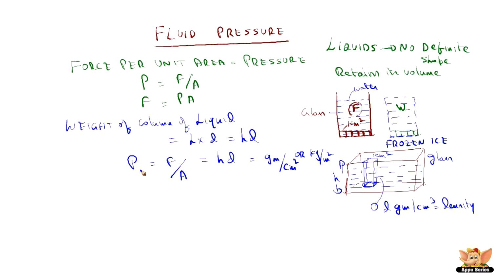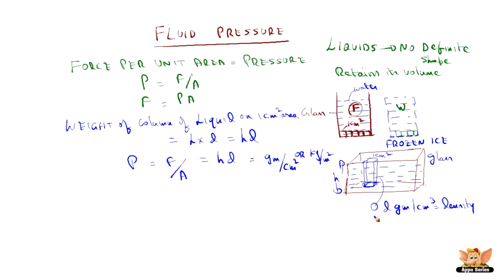Because pressure is defined as force per unit area, and here the force is weight, the weight of the column of liquid per unit area is given as hD. So P is defined this way.